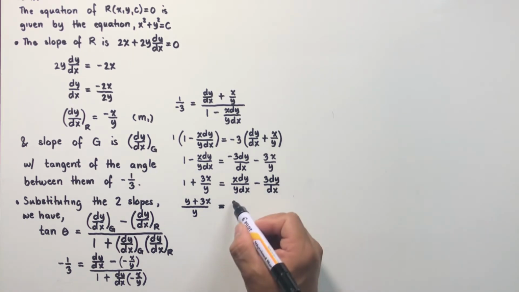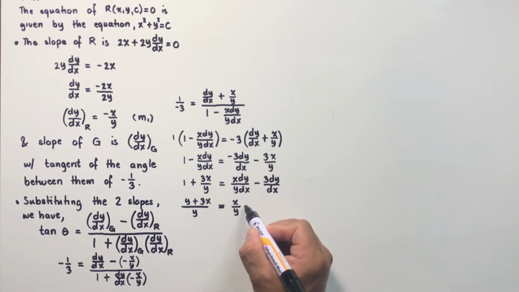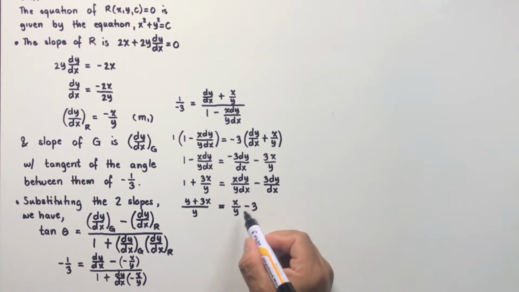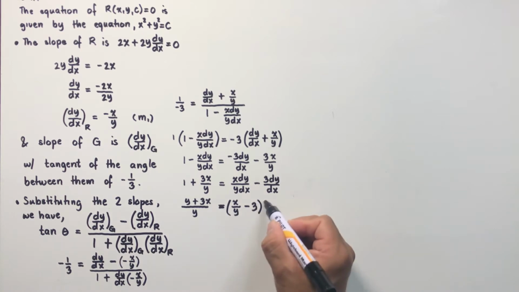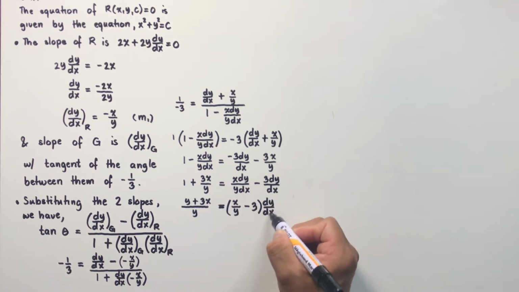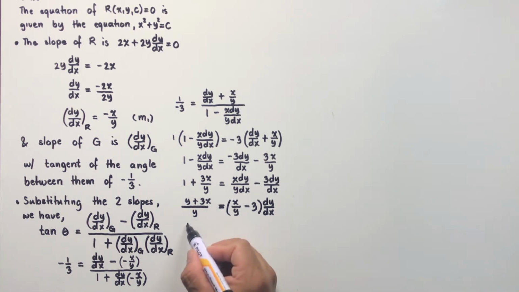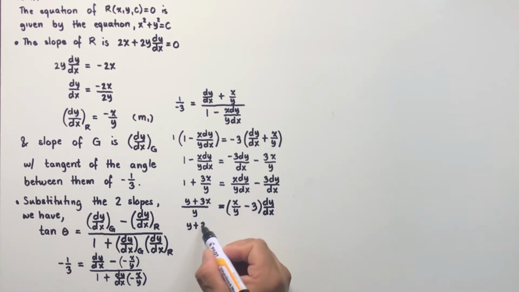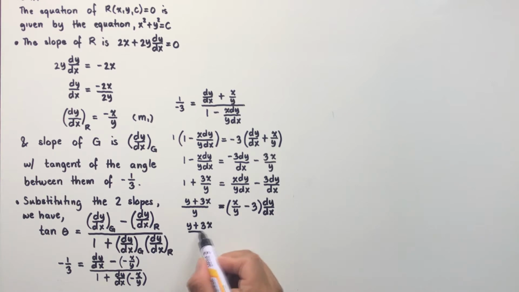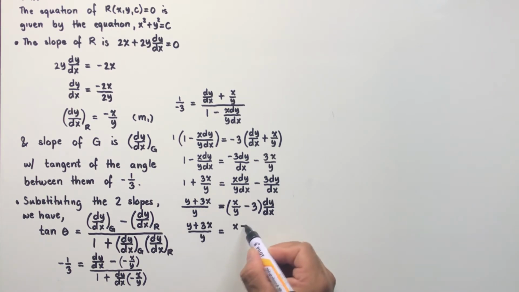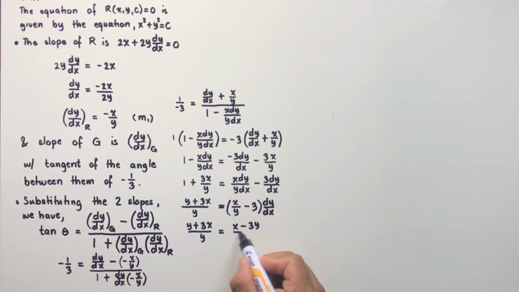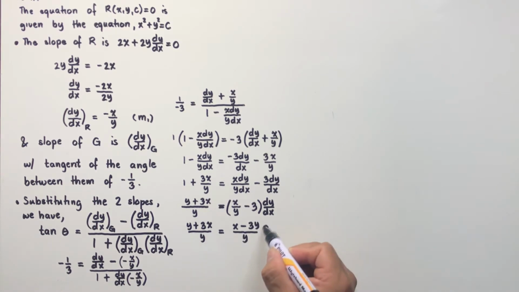And if you're going to factor out dy/dx between the two, we have x over y minus 3 times dy/dx. And combining also these two terms here, we have (y plus 3x) over y, which is equal to (x minus 3y) over y times dy/dx.